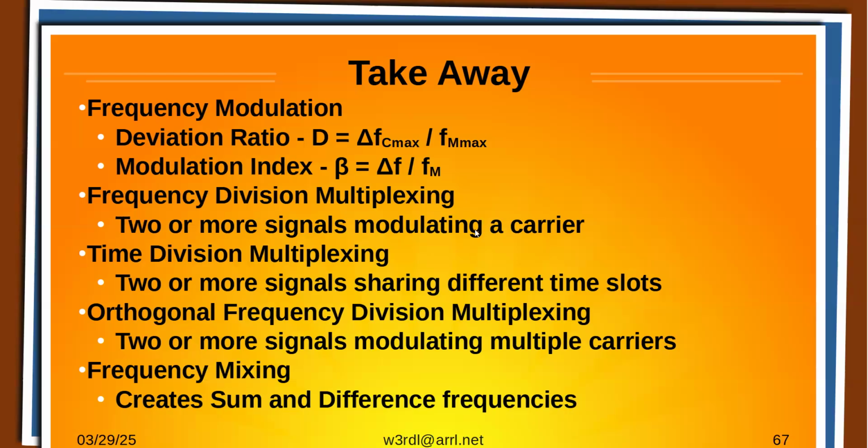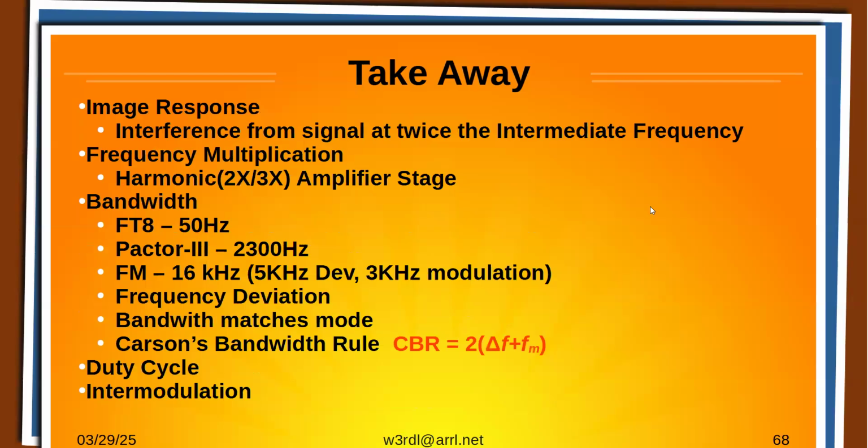And then frequency mixing is the sum and difference frequencies. Image response is interference from a signal at twice the IF frequency. So it really is an indication of how good a front end filter you have on your radio. You can't filter it afterward, because after the first mixer they're both at the same IF.